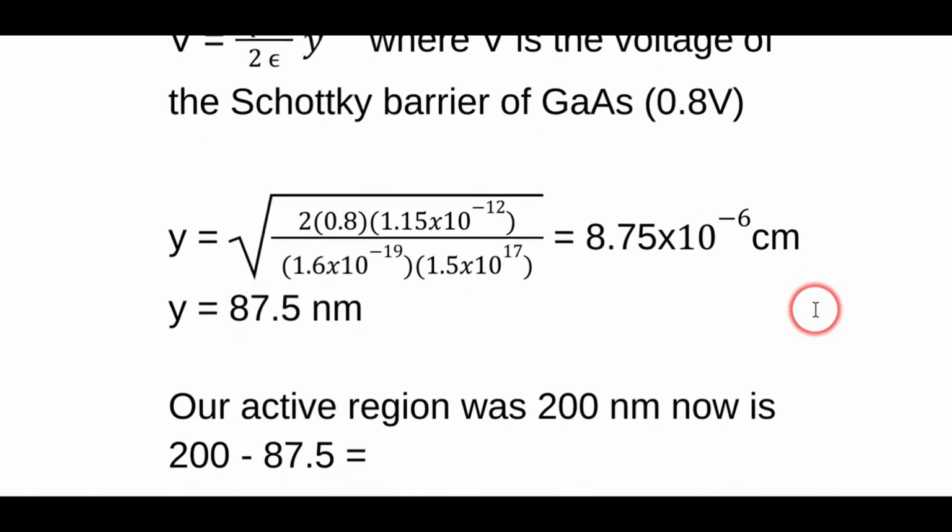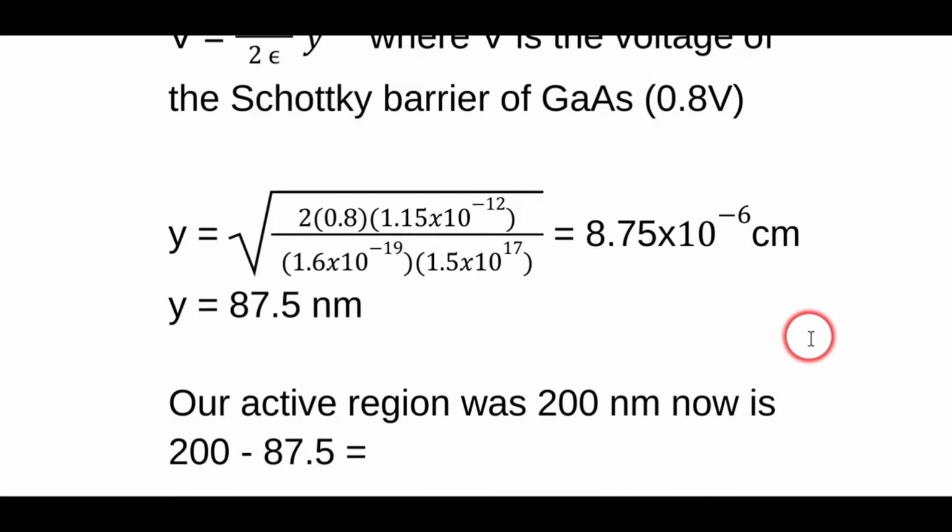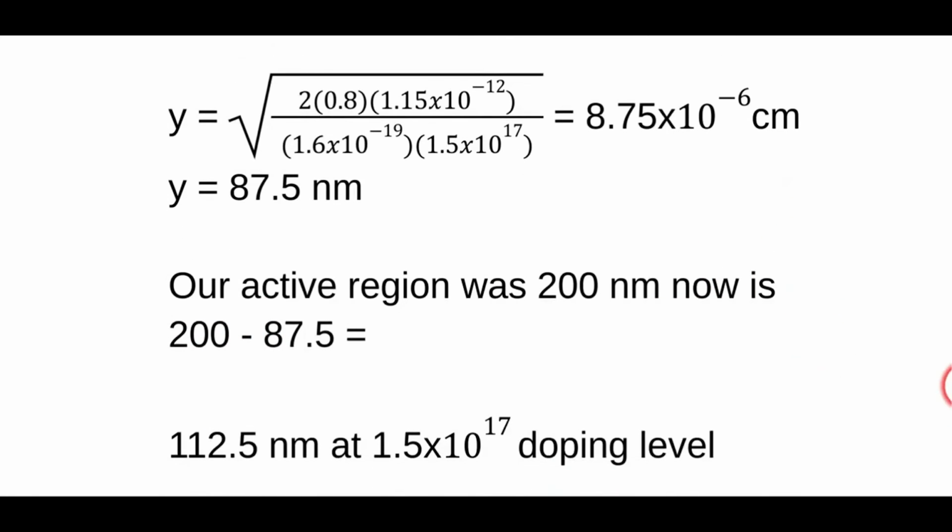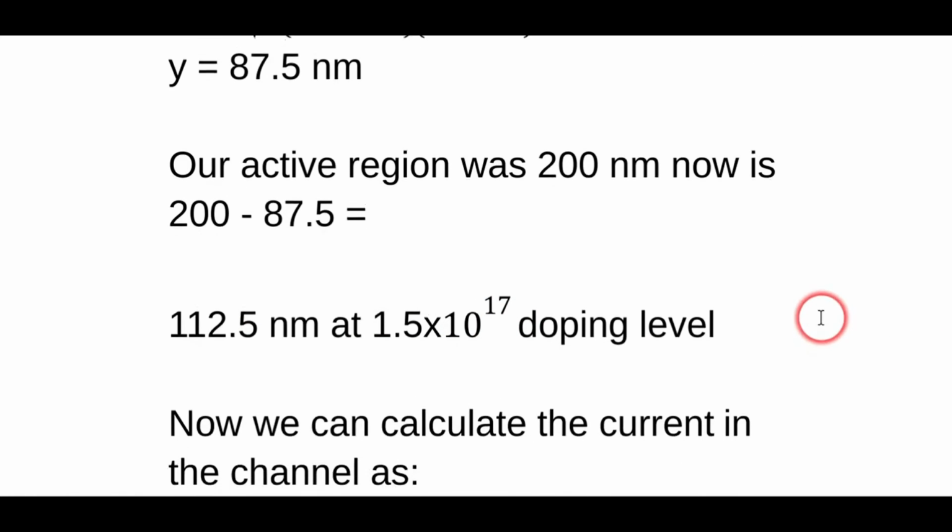So we have to subtract that from what we grew. So now we only got 112.5 nanometers at 1.5 times 10 to the 17th doping level. So this is how we're going to determine how much current we can get out of this, the IDS, the maximum drain source current, right?